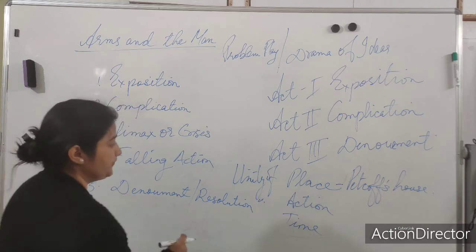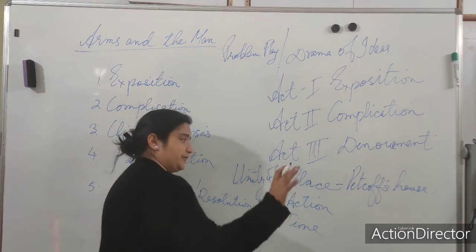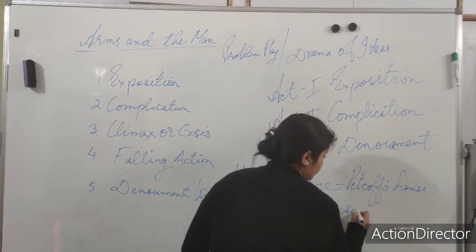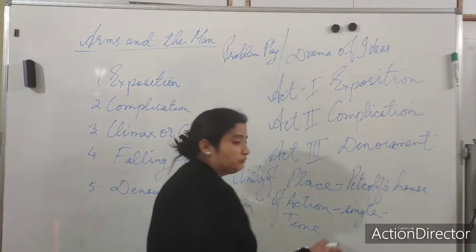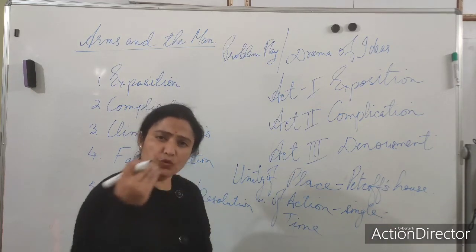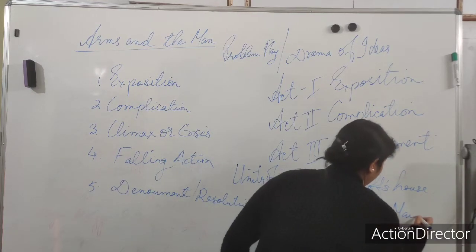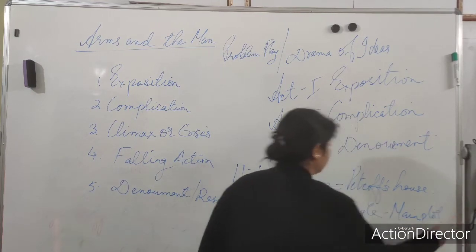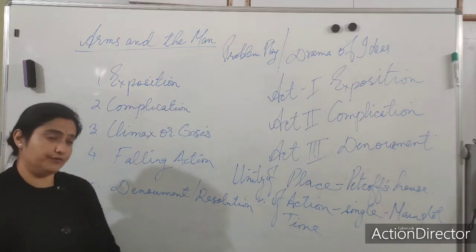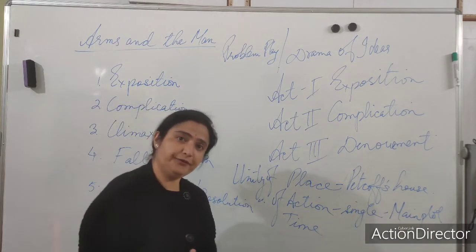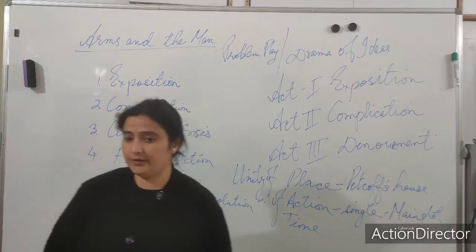Next is your unity of action. There is a single action, which means there are no subdivisions, there is no subplot. There is just one main plot around which the story revolves. I hope you must be knowing the difference between a story and a plot.